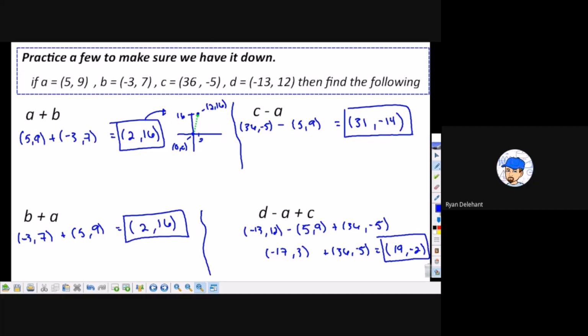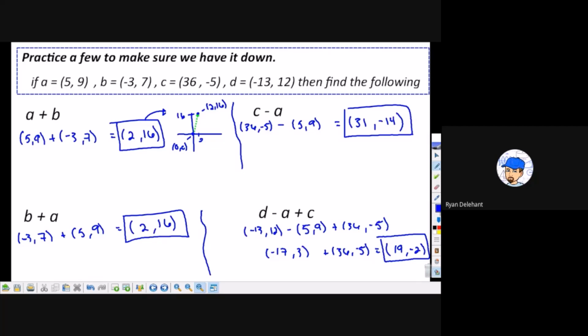We added, subtracted the same elements together and kept them in order. This has different components. It has an X component and a Y component. And really, we look at this. So I put A and B, and we're adding them. So 5 plus a negative 3 gave me 2. And 9 plus 7 gives me 16.